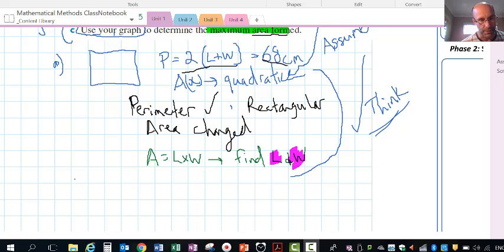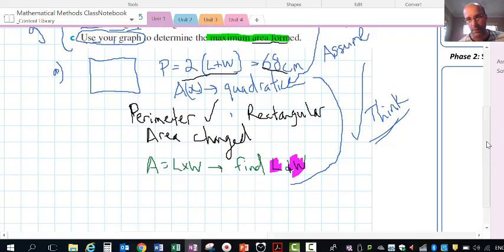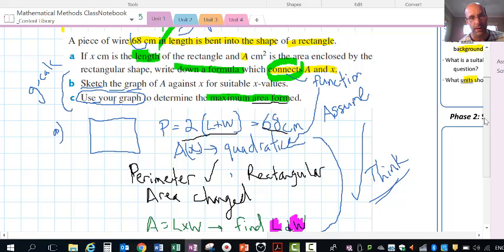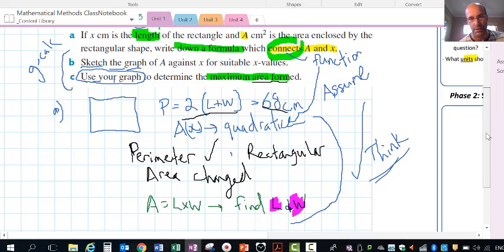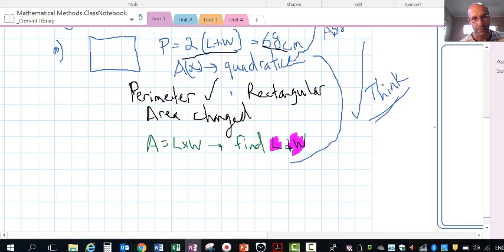Okay, so now we can work in a bit more of a tidy manner. So that's messy, but let's go a bit tidier now. So if we've got to find a way of maximizing the area, we're working with the area formula, and area is called capital A, and A versus X, and X was the length of the rectangle.